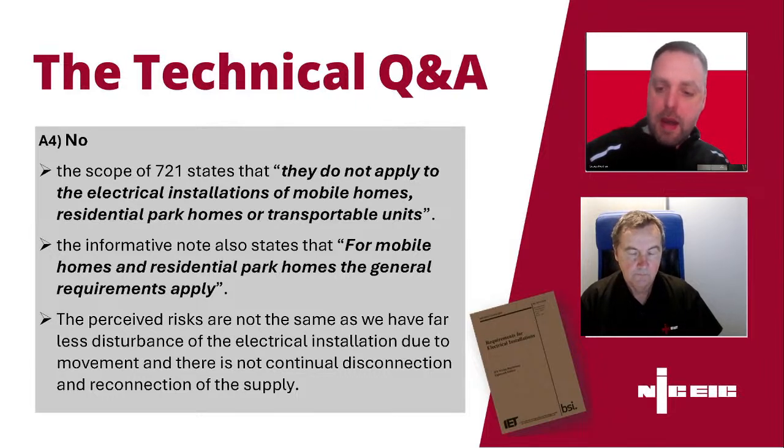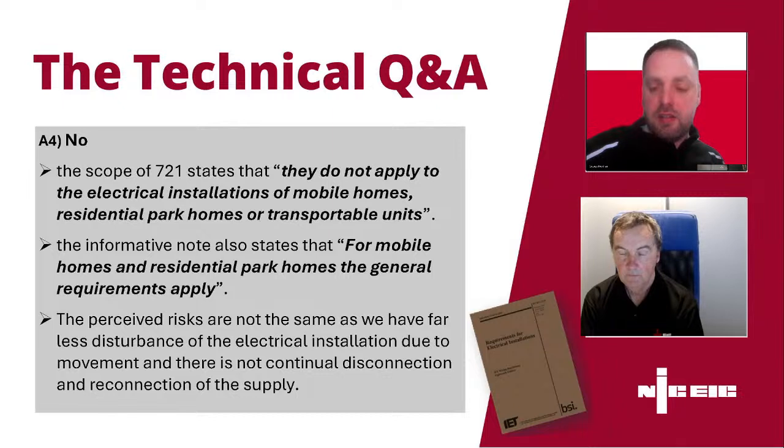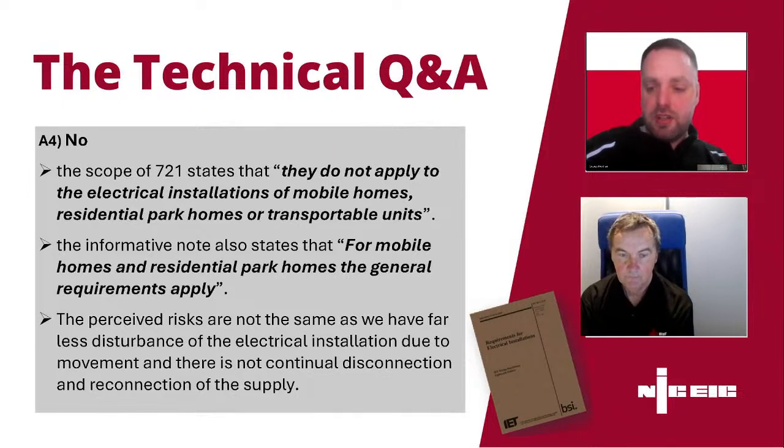They're not being moved about as much. Well, they're not going to be moved about, basically. They're not being plugged in, unplugged, so there's just less risk of that. So just general conditions, it wouldn't be the same as a caravan.